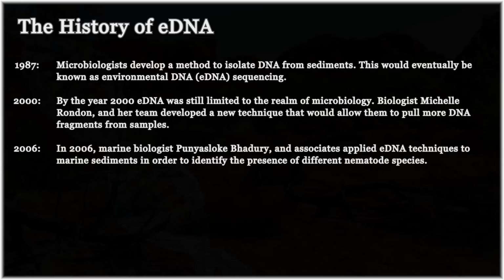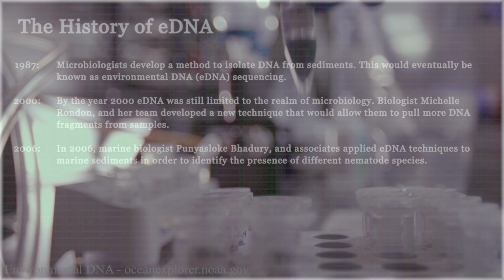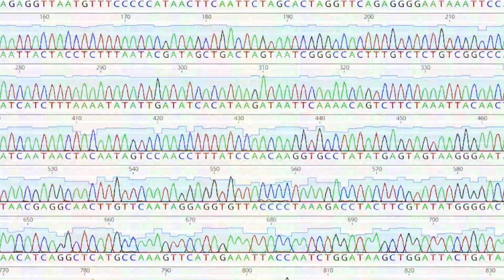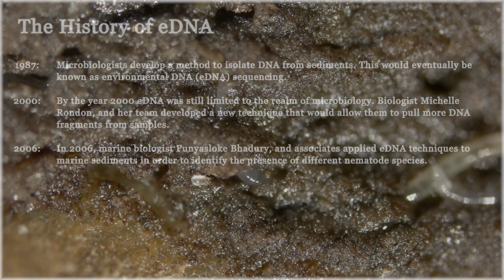By 2006, eDNA made the jump from microbiology to marine ecology, from microbial life to the animal kingdom. Marine biologist Punalowski, Baduri, and associates decided to apply these same techniques to marine sediment in order to identify the presence of different nematode species.